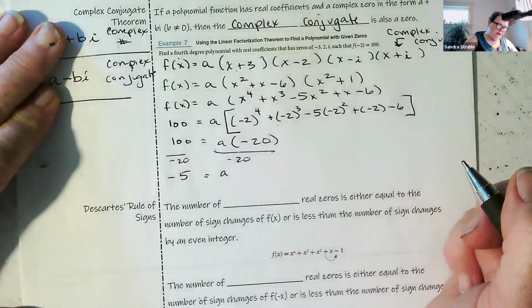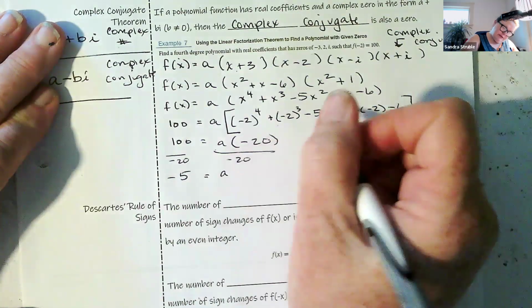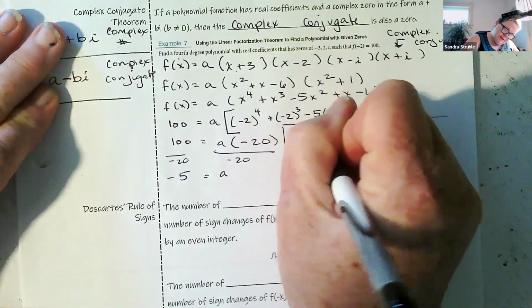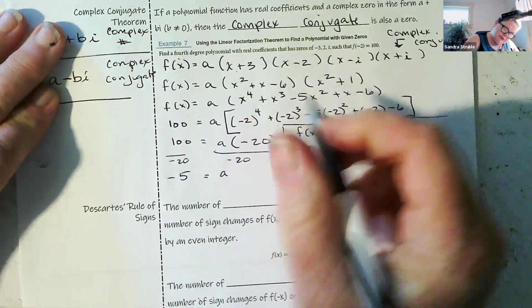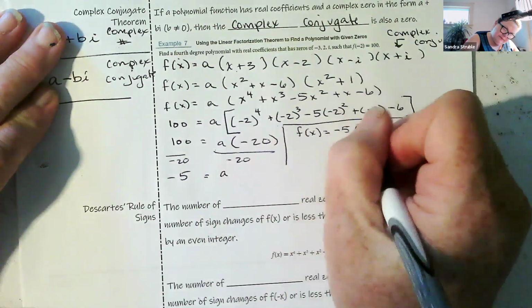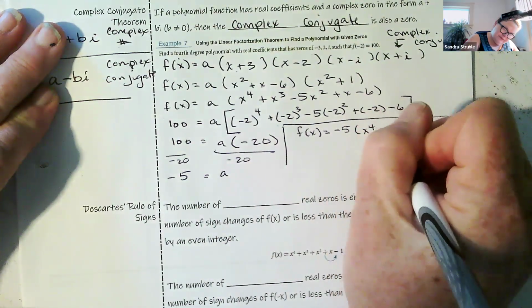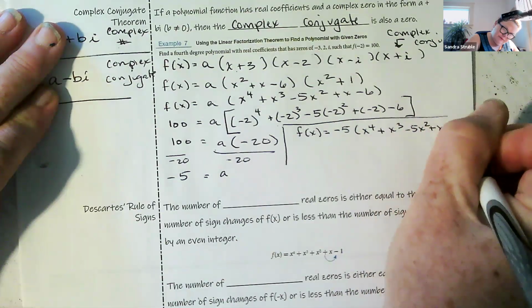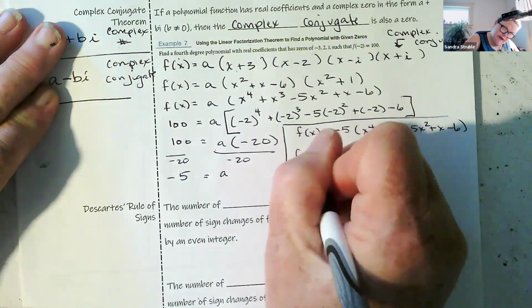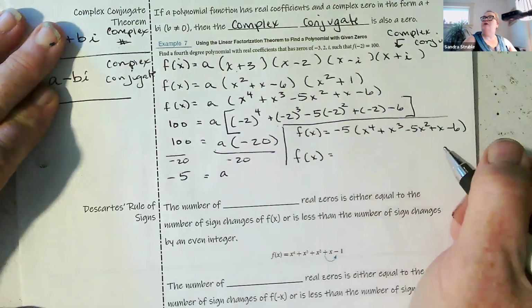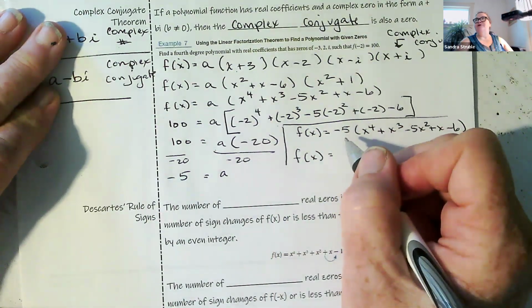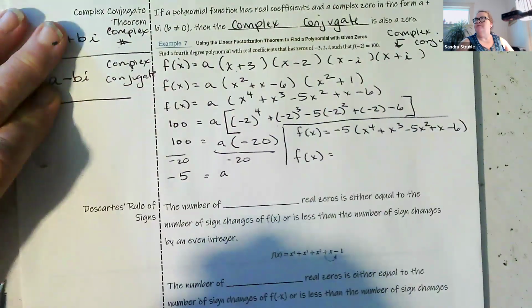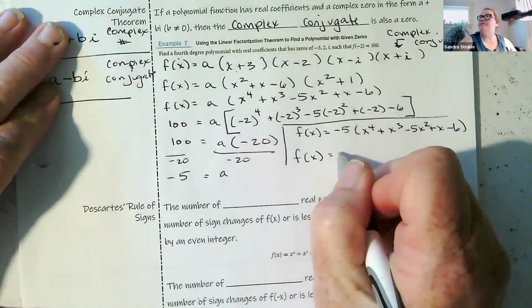Okay, so let's write our polynomial. We can write up here: f of x is equal to -5, and then I'm just going to bring all of this down. Finally, I'm going to distribute that -5 over all this just to have a really nice, sweet polynomial that's done.